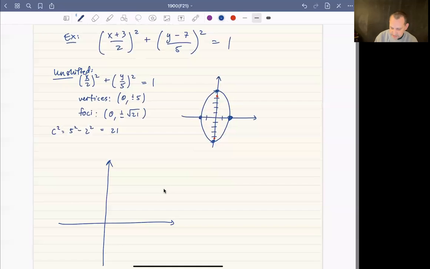That means that instead of going from -5 to 5, the y values are going to go from 2 to 12. So let's look at 5, 10, 11, 12. And the x values, instead of going from -2 to 2, are going to go from -5 to -1.